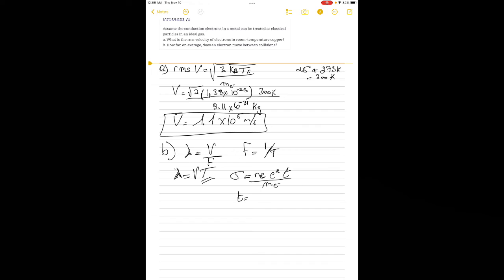So the time here will equal 2.5 times 10 to the power of minus 14 seconds.